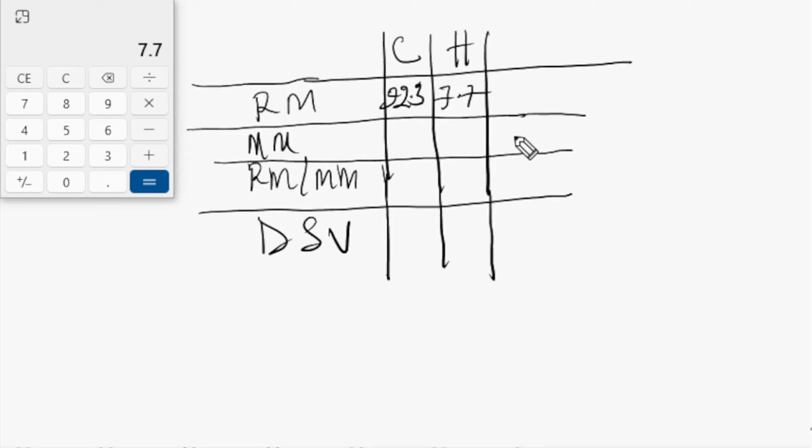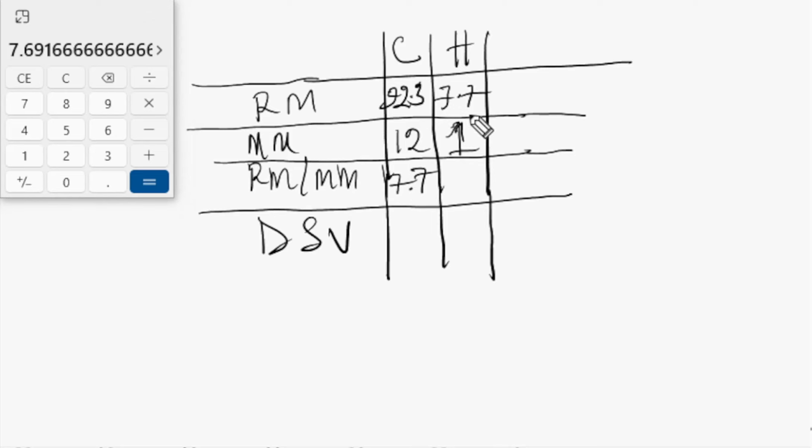So guys, now at this point we've taken the reacting mass. The molar mass of carbon is 12, like we know, and that of hydrogen is 1. So when we now do reacting mass over molar mass, 92.3 over 12, that will give us 7.69, and that's 7.7 approximately here.